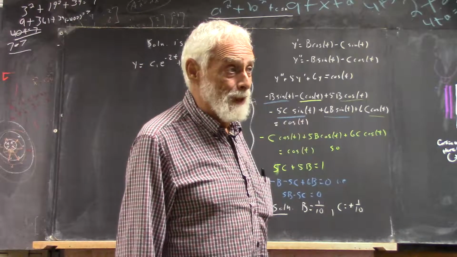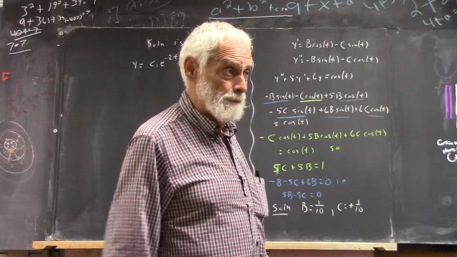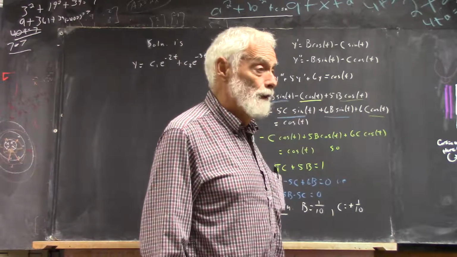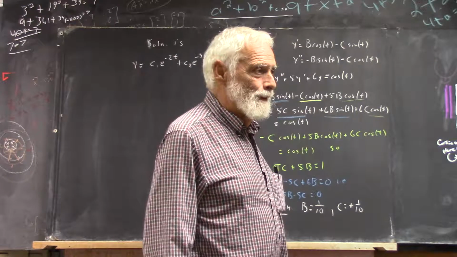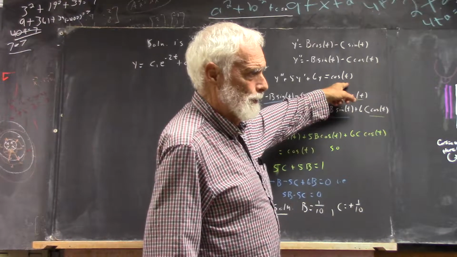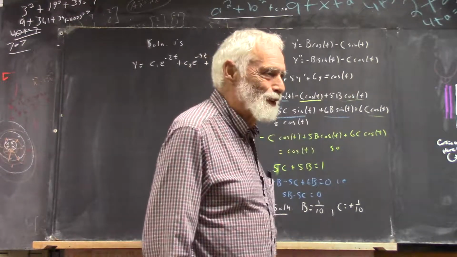Okay? And it's really a pretty simple idea. You just have to know what you have to take derivatives of to get what you get. Now, if you got an arctangent over here, you don't even want to think about that right now. Okay?